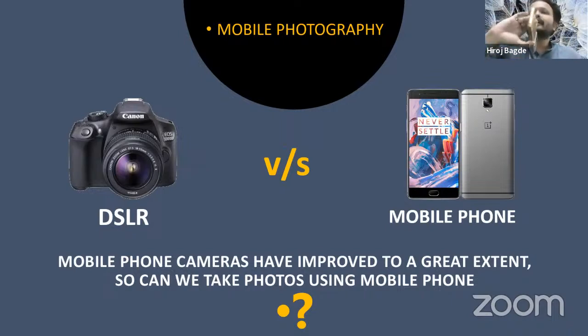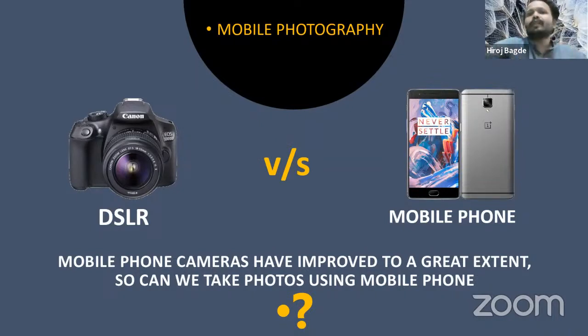Mobiles are very handy in nature. Everyone has one. The DSLR, I guess 7 to 8 years back, was too expensive, but now DSLRs have also come down in price and improved in capabilities. But today's session is just for mobile photography. For all those who love clicking photographs, it is just going to be an entertaining session.